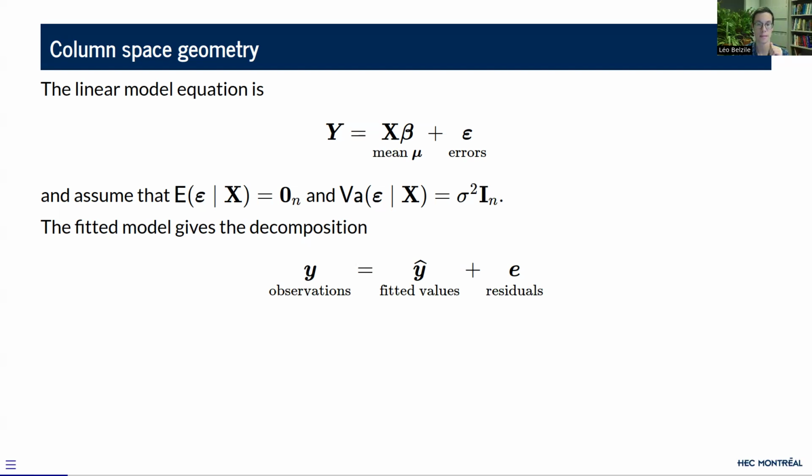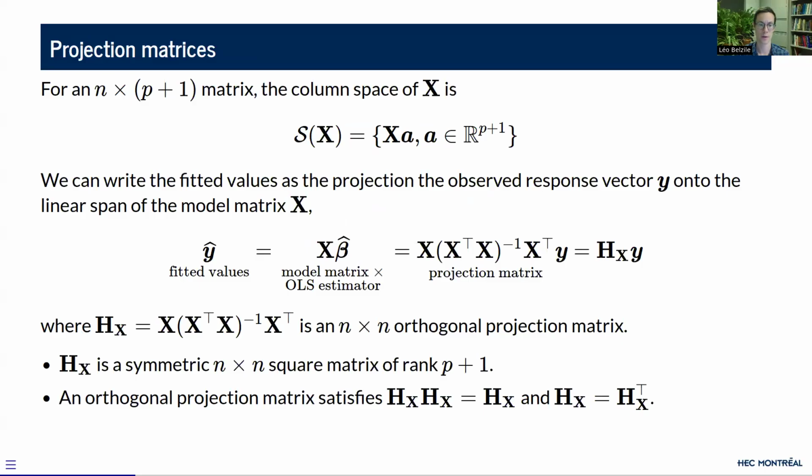Okay, so let's dig a bit closer into what the fitted values are. Before we begin, some geometry. So what am I doing? Essentially, I'm just assigning weights to every observation and adding them up.